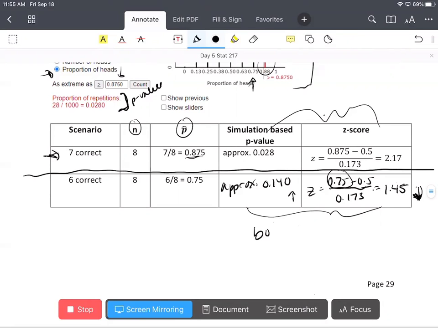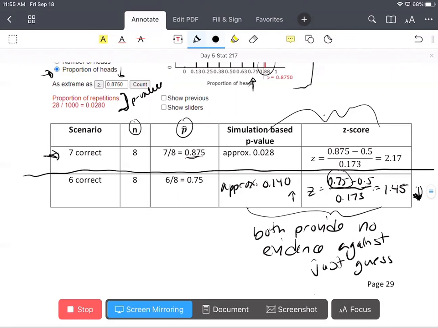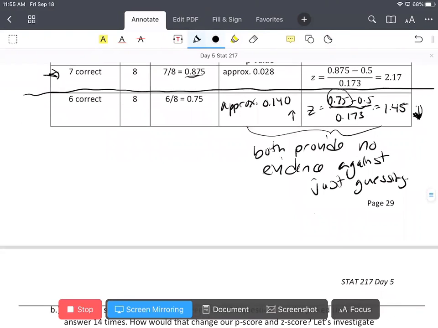They both provide no evidence against just guessing. So there is no support of the alternate hypothesis here. Remember, once again, though, we cannot find evidence for the null hypothesis. We can just find evidence against it.